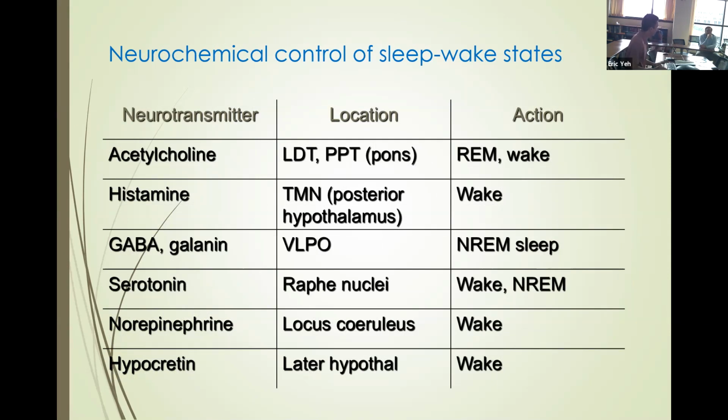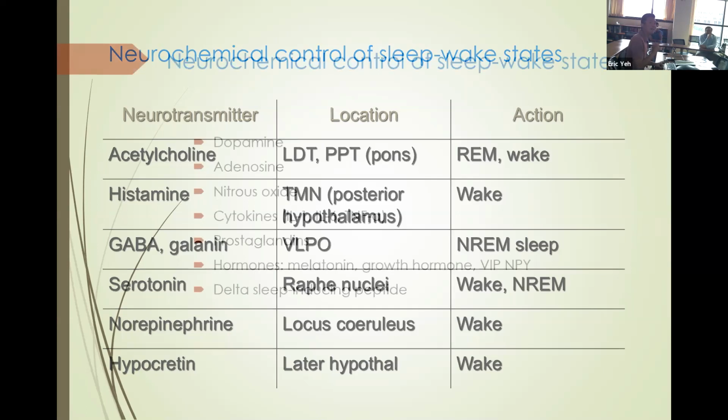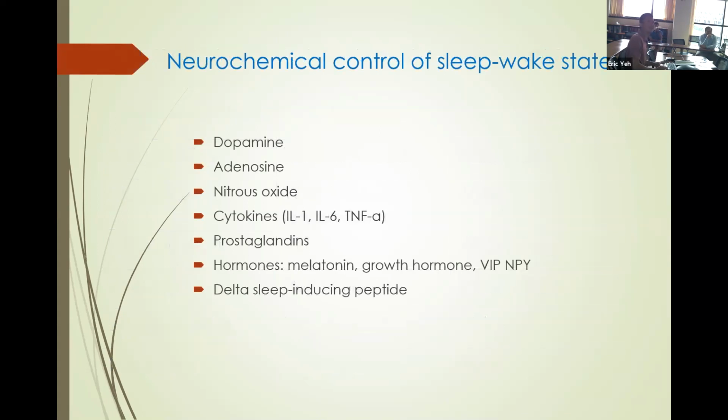I love the brain in a way that I'm so afraid of it. So for neurochemical control of sleep-wake states, again, dopamine and adenosine. Adenosine is another interesting one that still plays quite a bit in our sleep-wake state. Then nitric oxide, cytokines, prostaglandins, hormones like melatonin and growth hormone, delta sleep-inducing peptides.